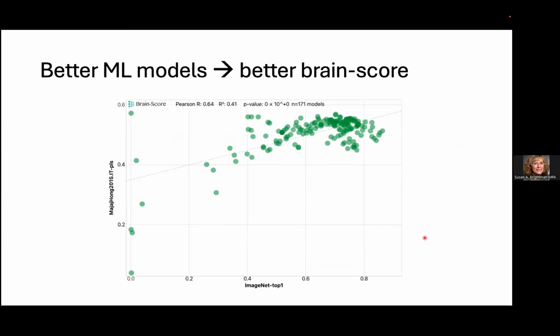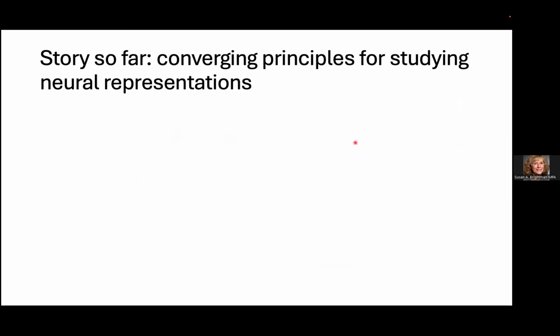And it goes one step further. You can then look at, among all the models that were trained to do something like visual classification, those models that did better at classification are also those models that do better at predicting brain activity. So this also seems to be suggesting that we are getting towards converging principles for studying neural representations, right?